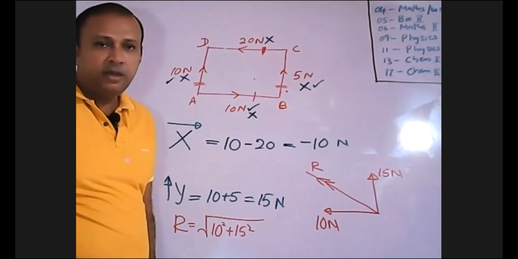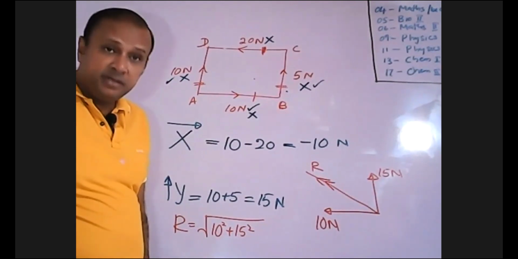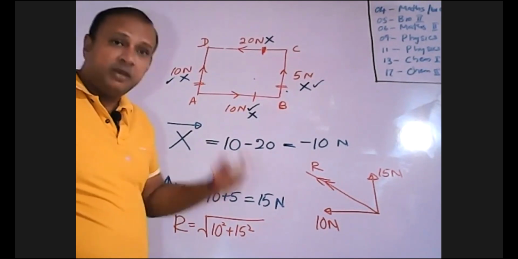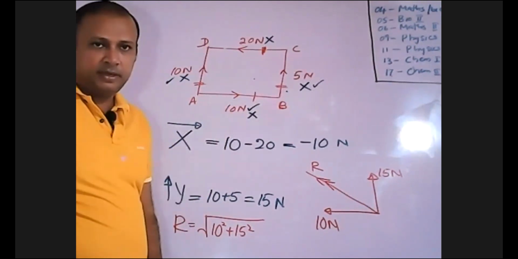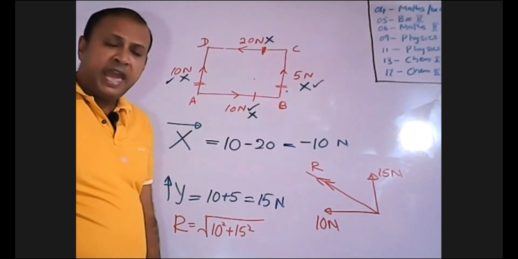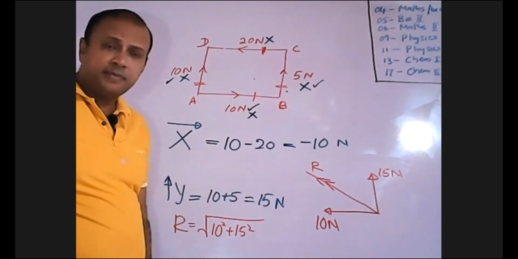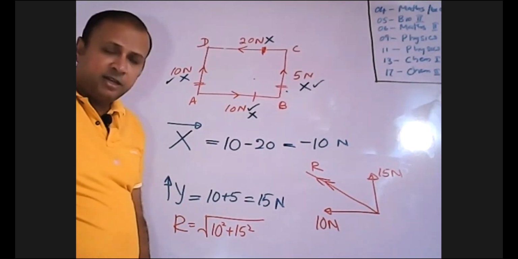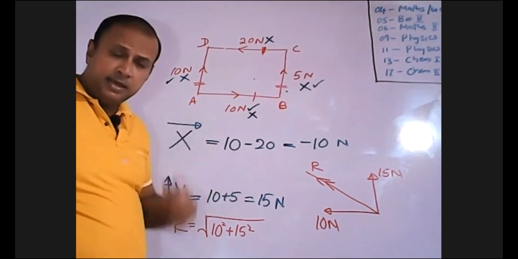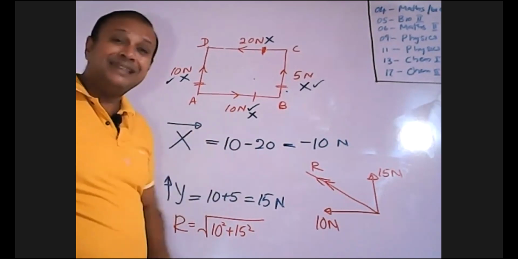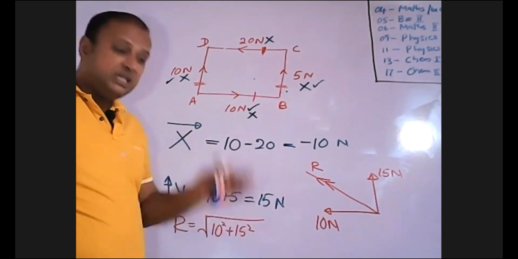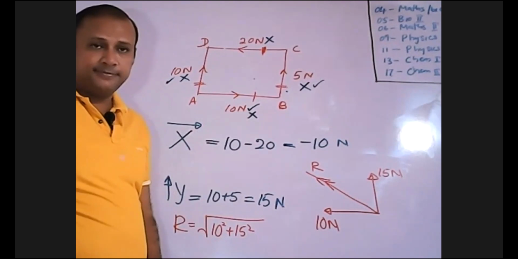That is the reason of representing this vector system in a rectangle. You may have various kinds of geometrical shapes. In this kind of questions, you are given a geometrical shape just for taking angles.